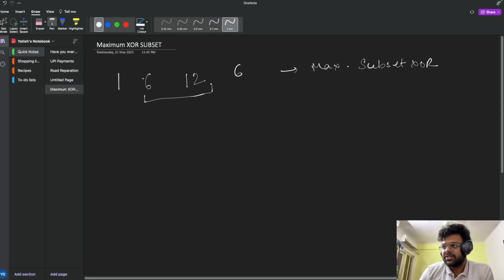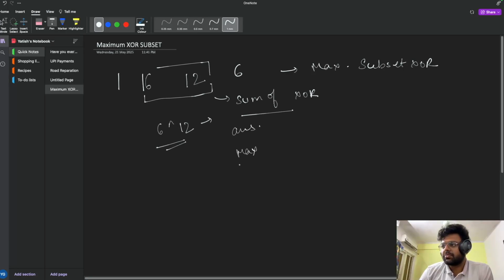So if I am considering 6 and 12 as a subset and I need to find the XOR sum, then it would be the XOR of 6 and 12 only. This would give me the answer. Now I need to find the maximum. Let's see how we can find the maximum.